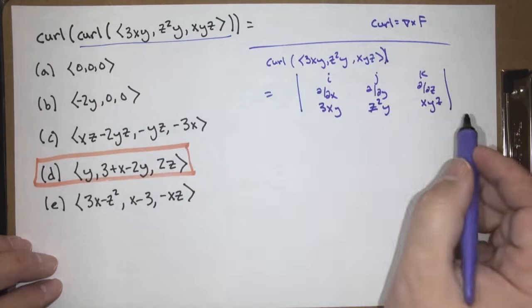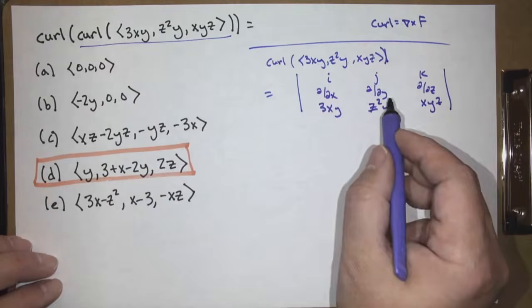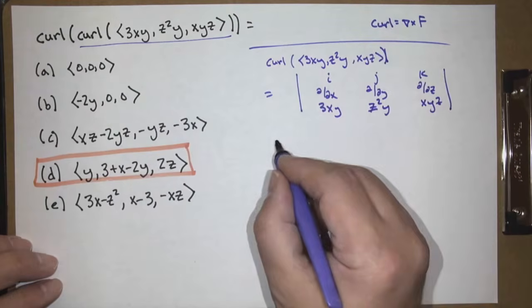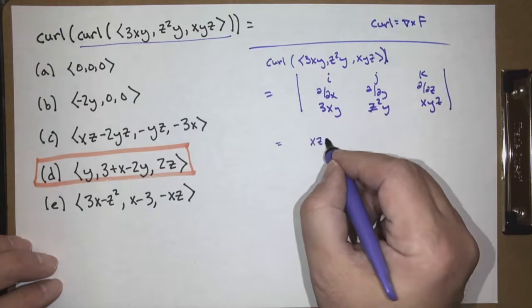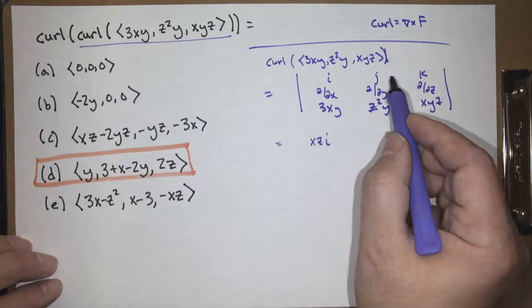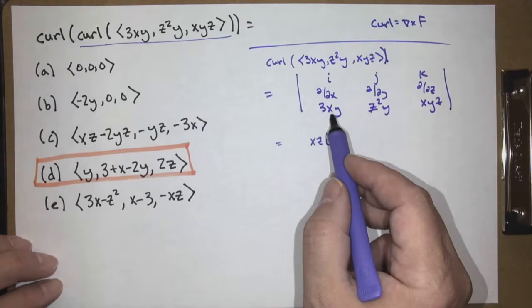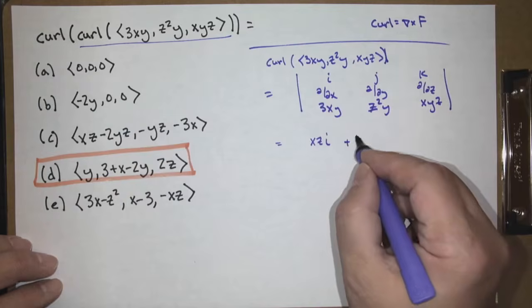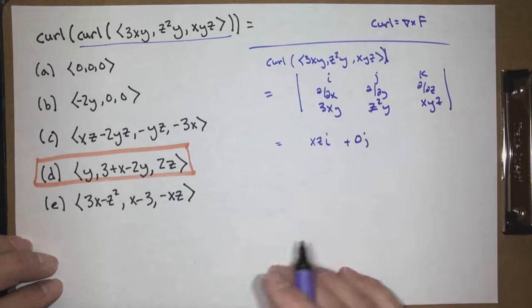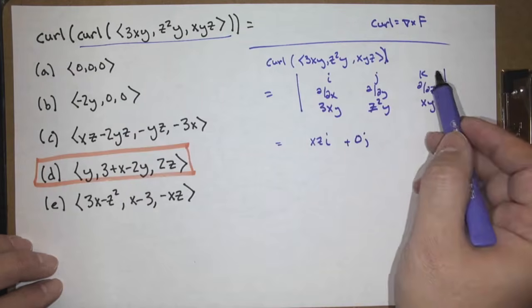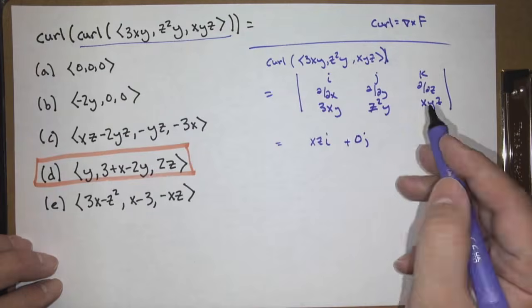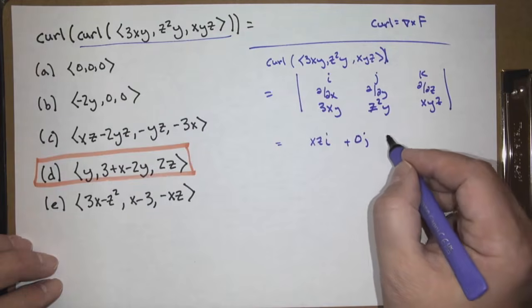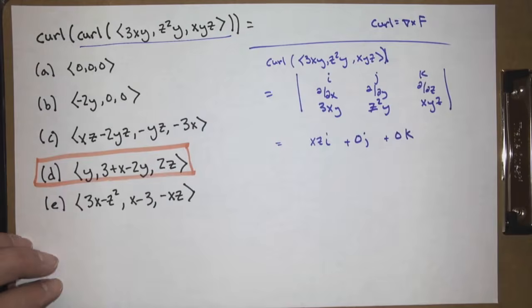And it's your diagonal. So i, partial y of xyz, that would be xz, i. j, partial z of 3xy. There's no z, so that partial derivative is 0. k, partial x of z squared y. Well, there's no x, so again, another partial derivative of 0.